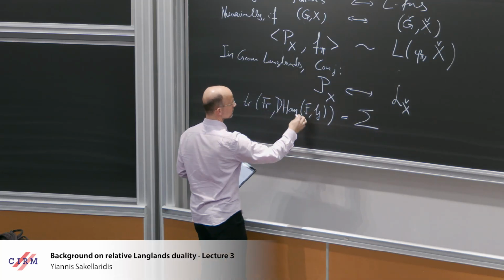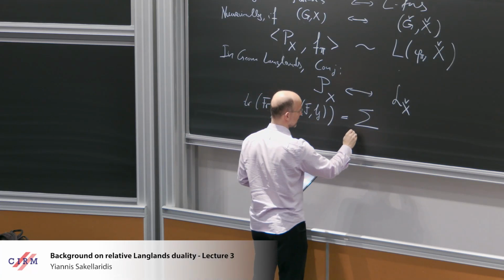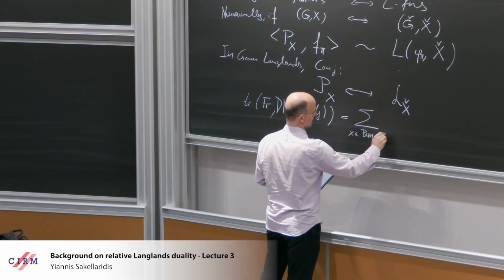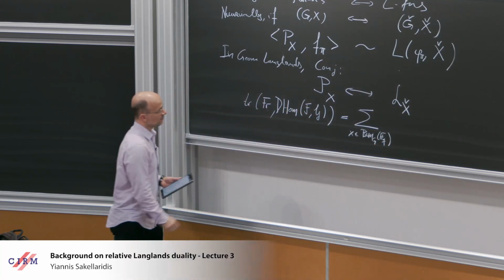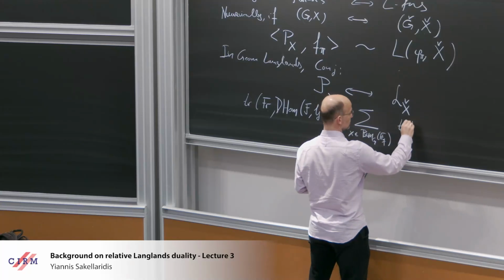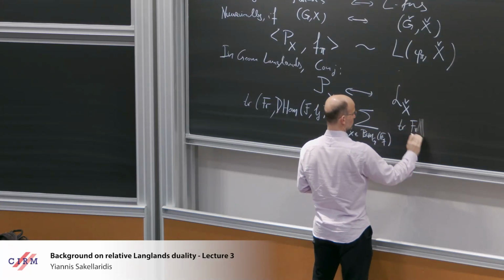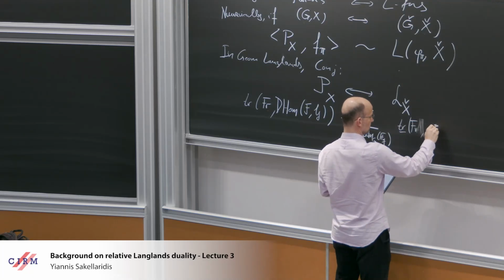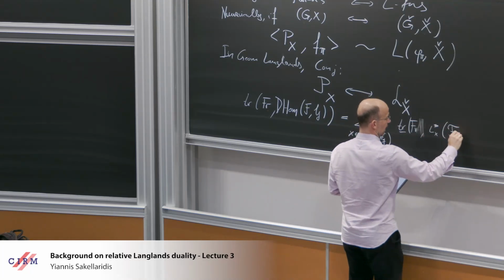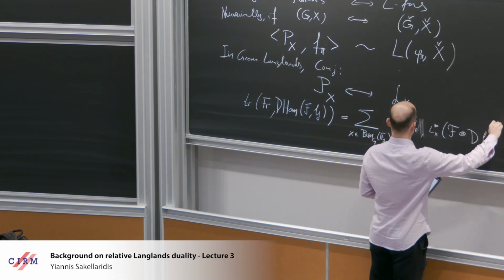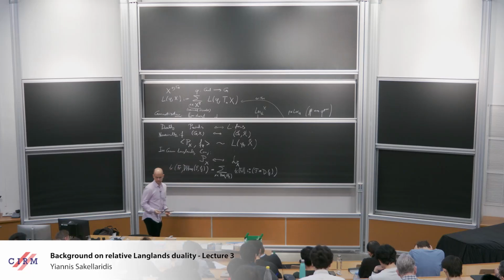So these are sheaves on some space, so that our space here would be Bun_G. So this is going to be the sum over all points of Bun_G of the trace of Frobenius on the fibers of F tensor Verdier dual of G. So there is a formula like this.